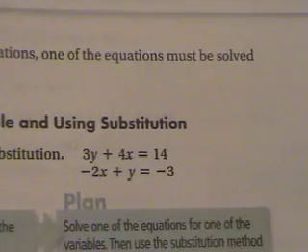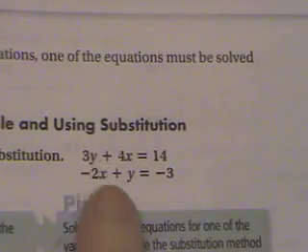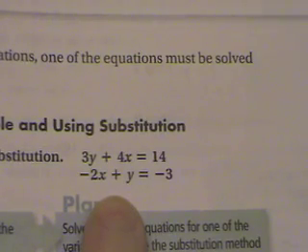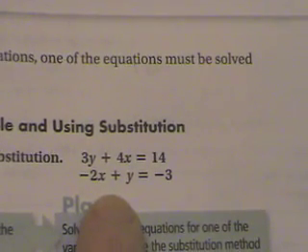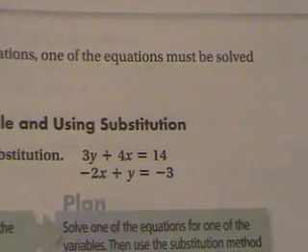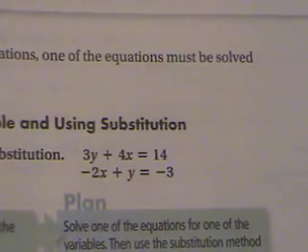Problem 2 is adding a step. Here's the system of equations they give you. Neither one is solved for x or y already. So you have to think it through, pick a variable, pick an equation, and solve it for one of those variables. Then substitute. Let's see how they go through this in the book.